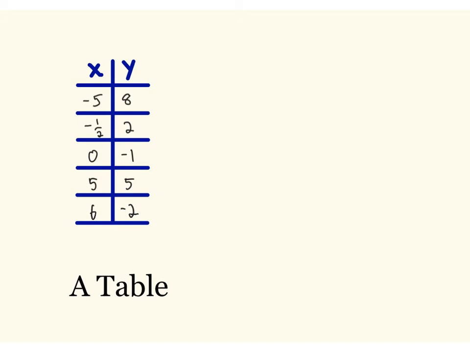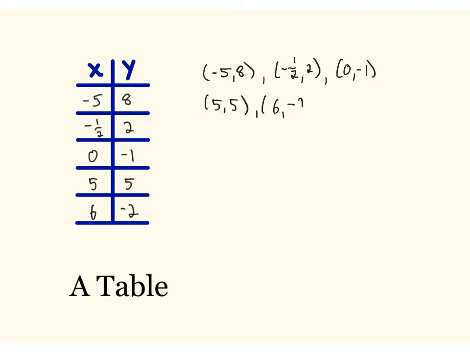And so if we then write ordered pairs from this, we would have -5, 8, and we would have -1/2, 2. We would have 0, -1, and then we would have 5, 5, and 6, -2.